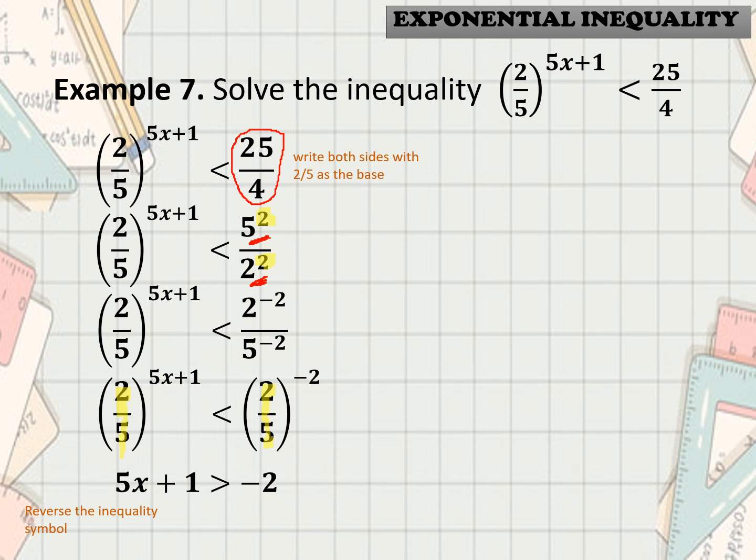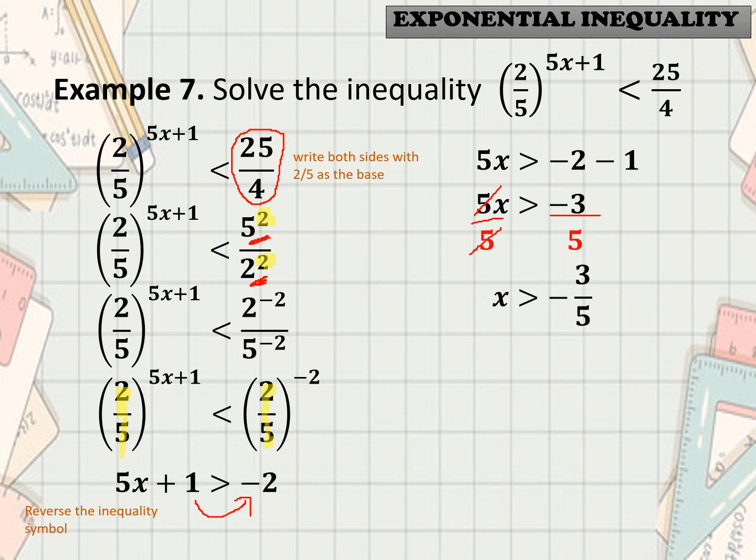So, combine like terms. So, si 1, lipat natin sa kabila, isama natin siya kay negative 2. So, magiging 5x is greater than negative 2 minus 1. So, negative 2 minus 1 is equal to negative 3. Okay, so next is to divide both sides by 5, kasi 5 yung katabi ni x. Okay, so para makancel itong 5, ang matitira na lang ay x.